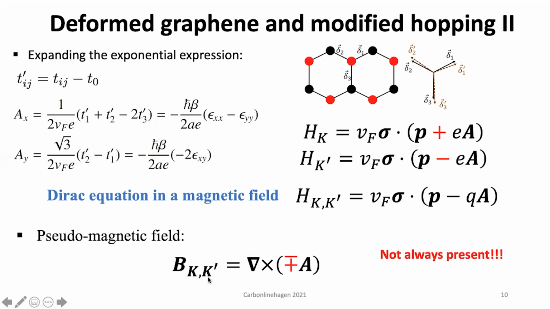Notice that not any spatial dependence of the strain tensor will produce a pseudomagnetic field, and not any spatial dependence will produce a constant pseudomagnetic field. Okay, so the strain has to be designed in a very careful way in order to have a pseudomagnetic field and in order for this pseudomagnetic field to be constant or not.